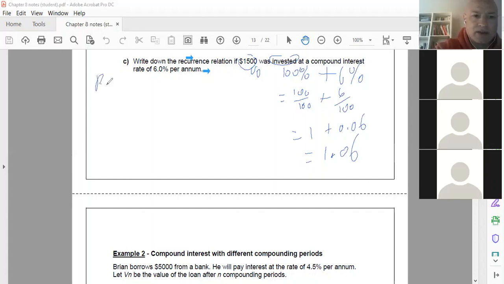Okay, so the recurrence relation, V of 0 equals $1,500. V of n plus 1 will equal 1.06 times our Vn. And there's our recurrence relation.